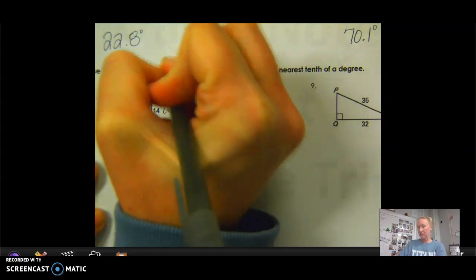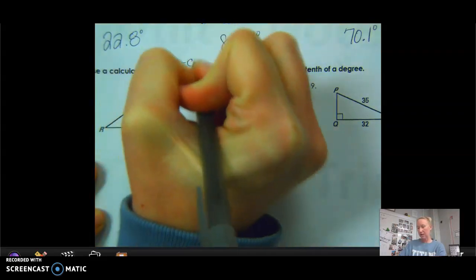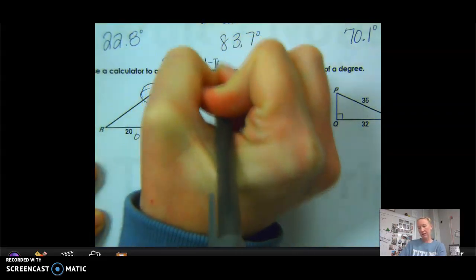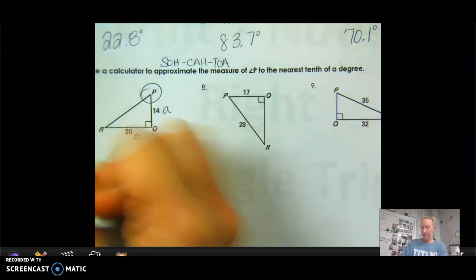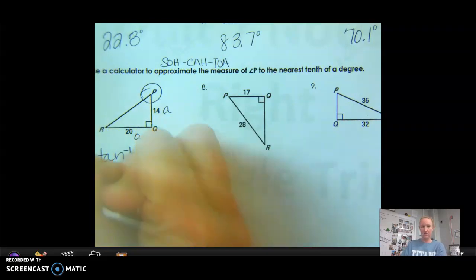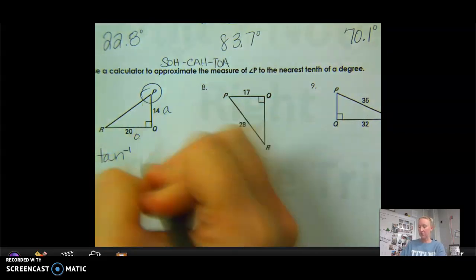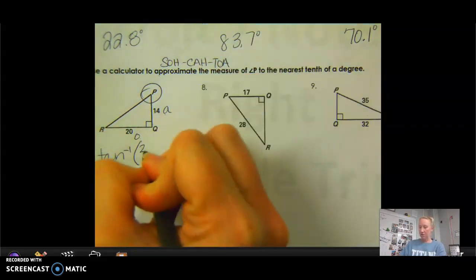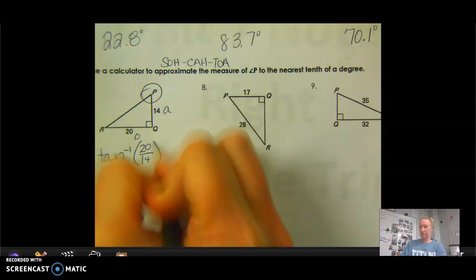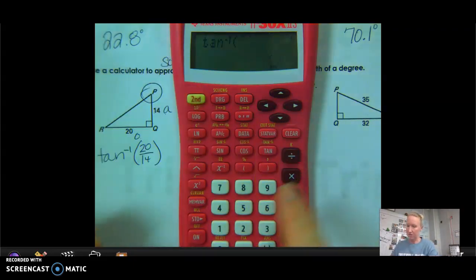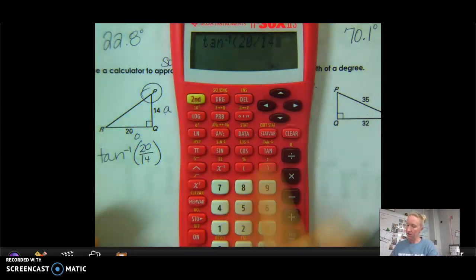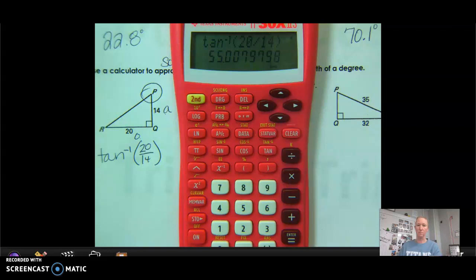So if we think of SOHCAHTOA, I'm going to figure out which one uses adjacent and opposite, and that's tangent. So this would be an inverse tangent function, because I want an angle measure, and it would be O, which is 20, over A, which is 14. So in my calculator, I'm going to do inverse tangent, 20 divided by 14, close out that parenthesis, press enter.